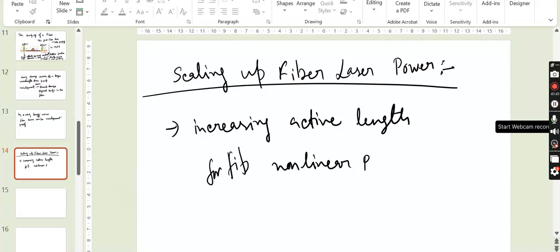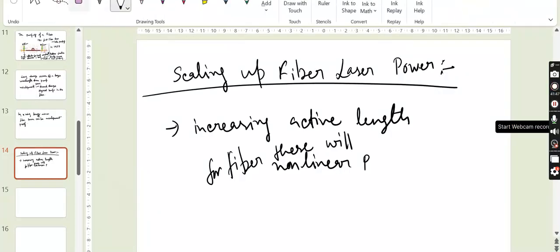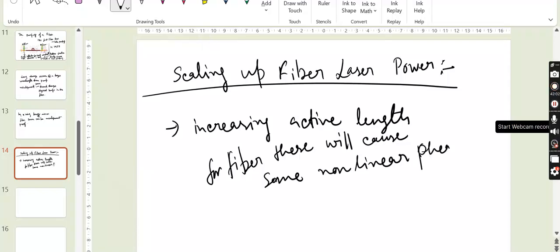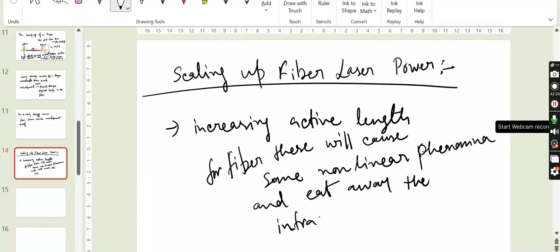For fiber, this will cause loss of intracavity power.